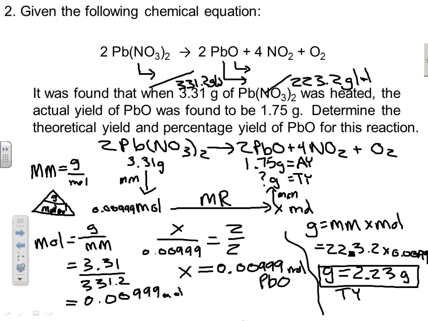So we used our stoichiometry, our 3 calculations, to find the theoretical yield. Now I'm running out of room on this page, but I'll squeeze it in over here in a different color, and you guys put it down below. Percent yield.